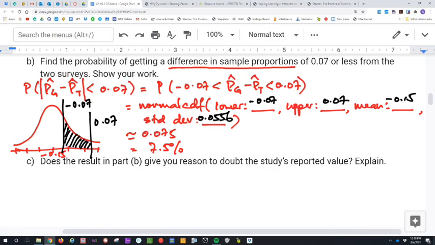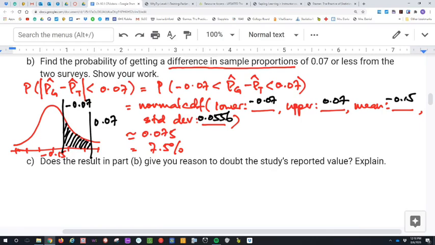Now, part C says, does the result in B give you reason to doubt the study's reported value? The study's reported value refers to the population proportion. The population proportion for Granger is 0.6, and for Taylorsville is 0.75, or 75%. So does this result, 7.5%, give you reason to doubt the study's reported value?